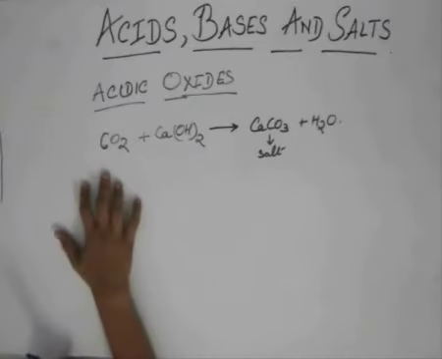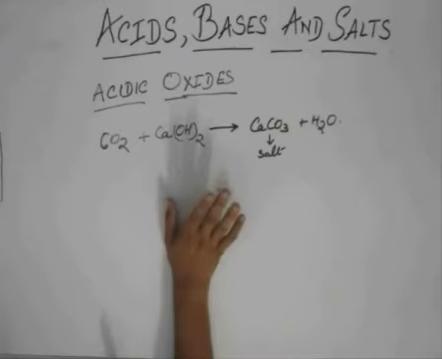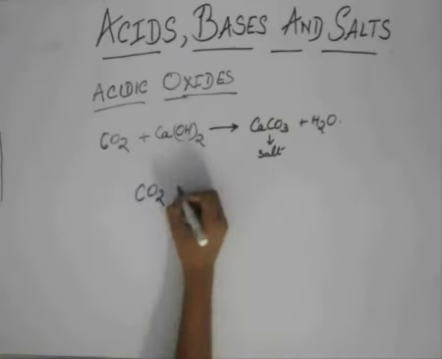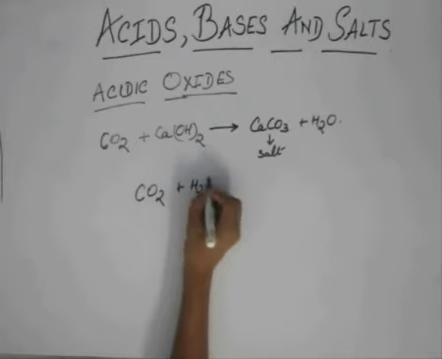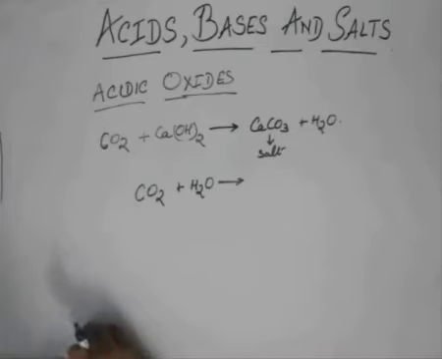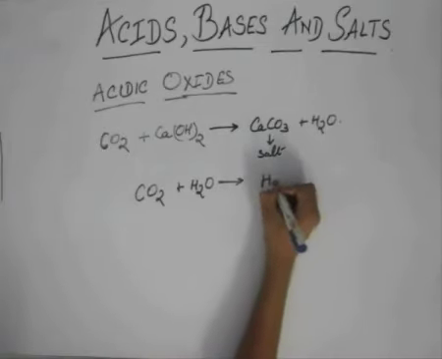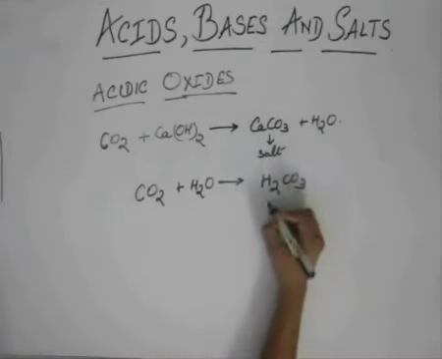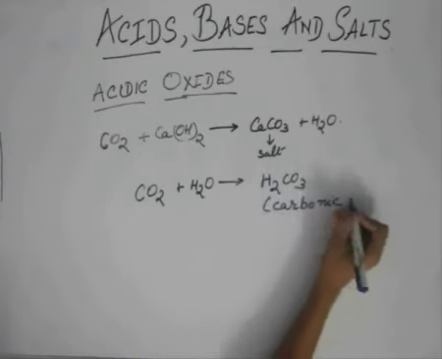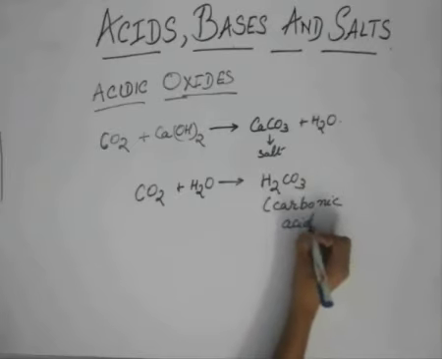So acidic oxides will show the properties of acid, and CO2 will react with H2O. This is not normal, but under high pressure it reacts with H2O to give H2CO3, and H2CO3 is your carbonic acid.